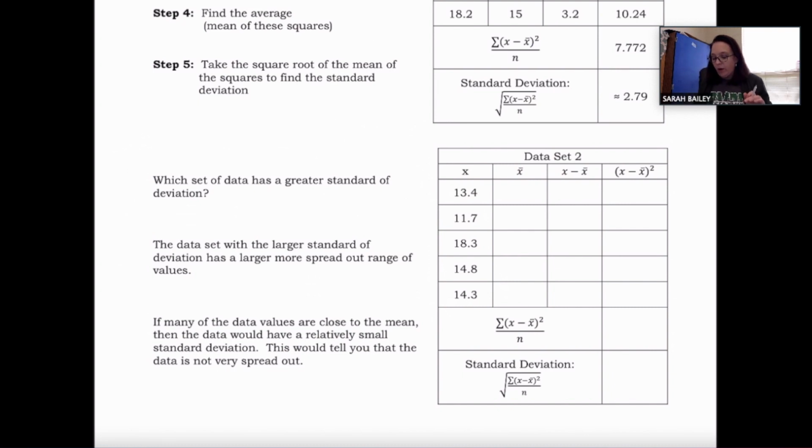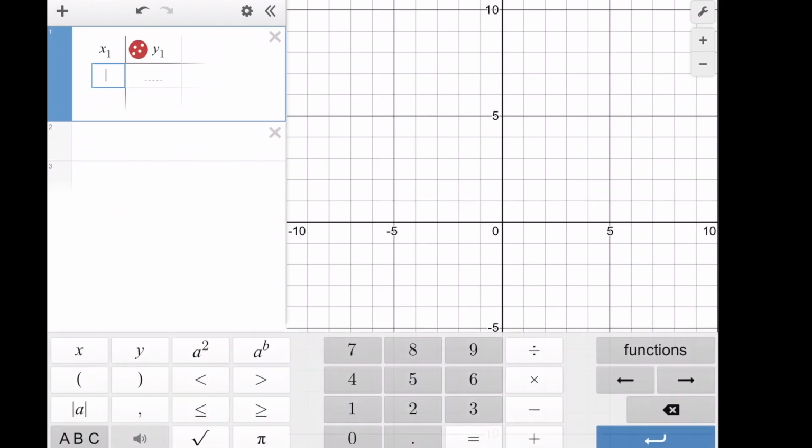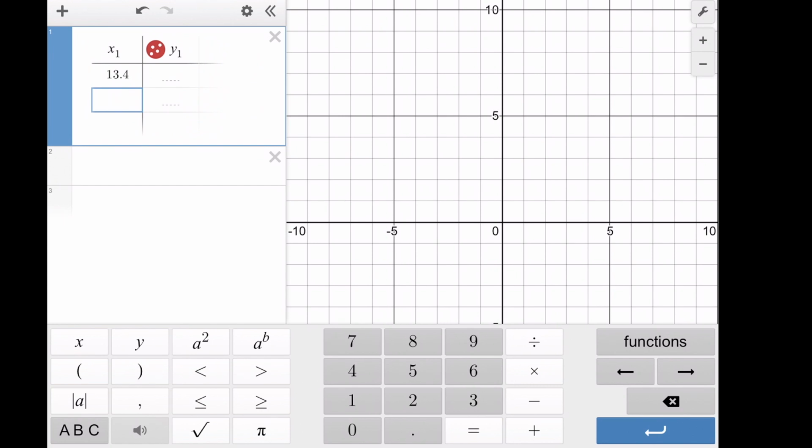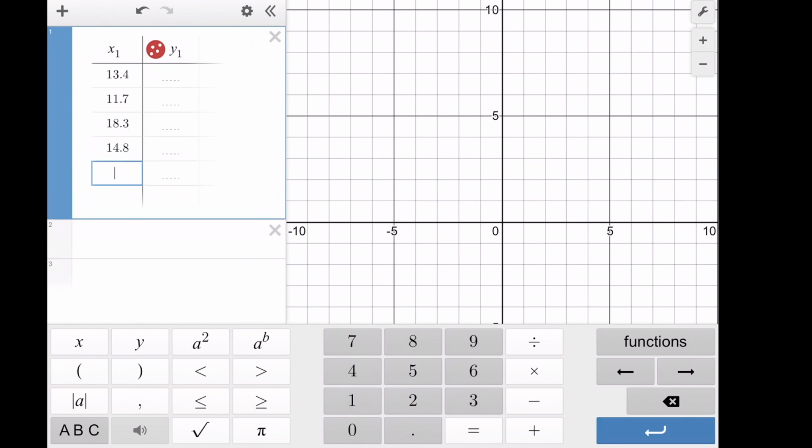So in Desmos, first thing I'm going to do is hit that plus sign, and I'm going to hit table, just like I've done before, and I'm going to enter all those data values into X sub 1. So 11.7, 18.3, 14.8, and 14.3. I'm not putting anything into Y sub 1, just in the X's.